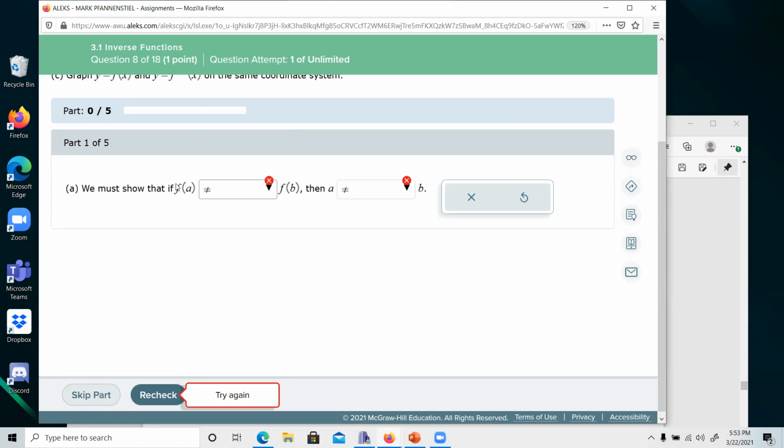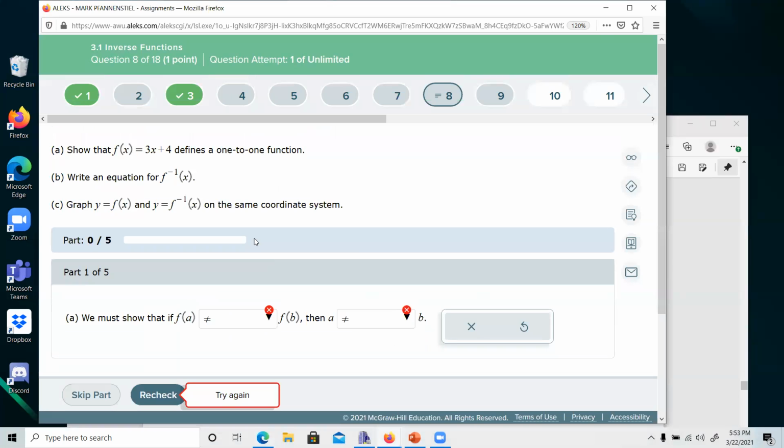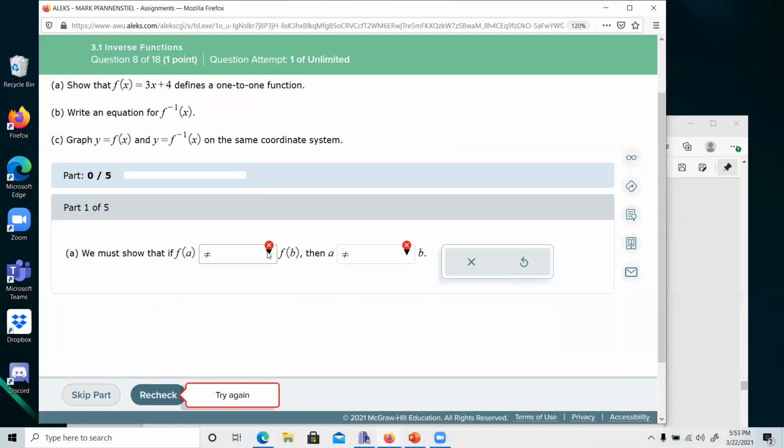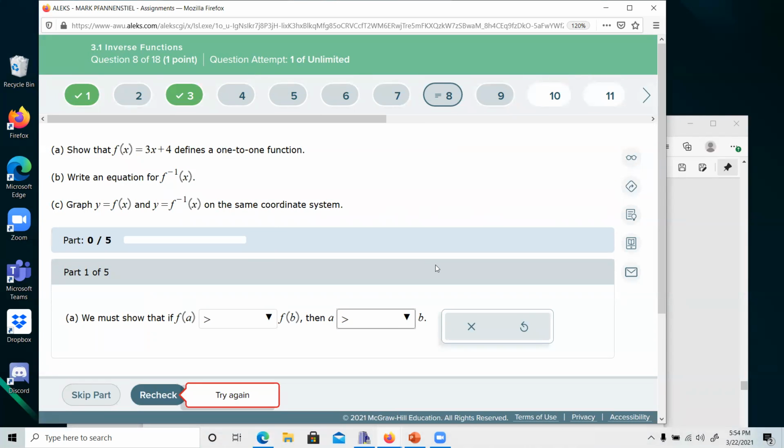Now, what are they saying? If f is, oh, well, let's try. I just thought it would be not equal to, right? Why do they not like this?